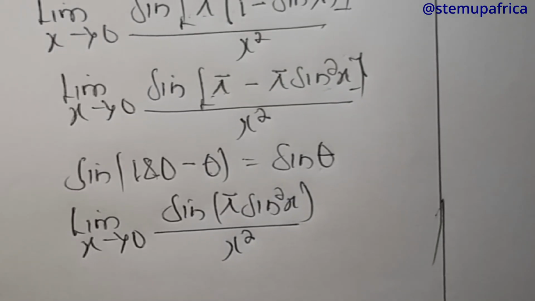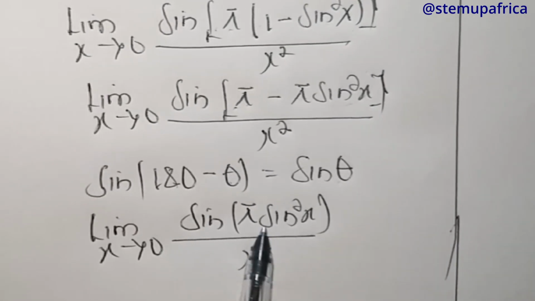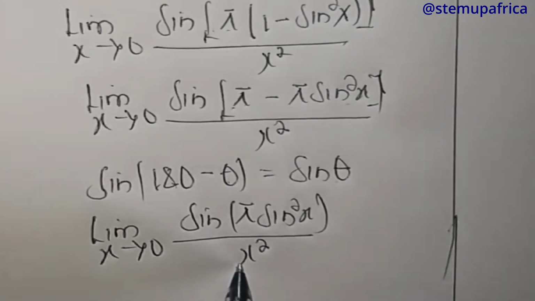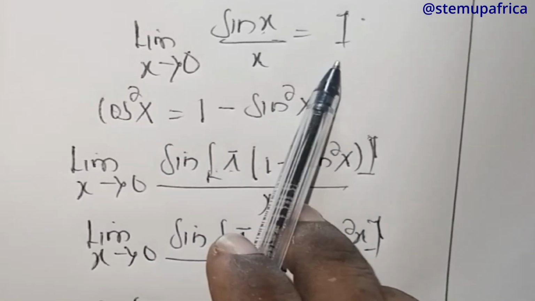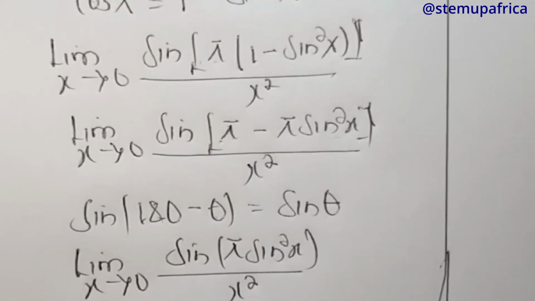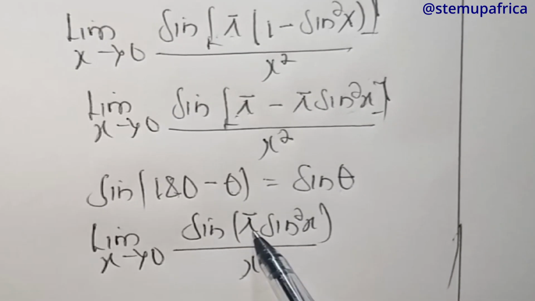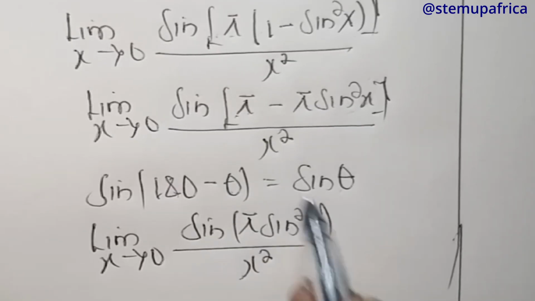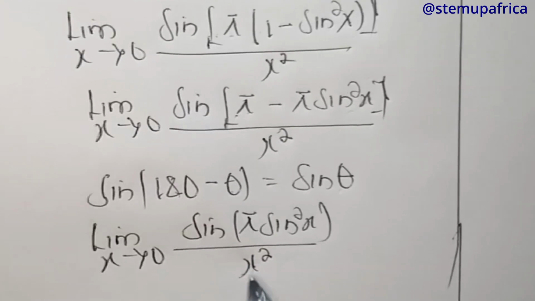So let's simplify what we have here. Recall what we said earlier: for the limit to be 1, whatever I have inside the sine should also be present in the denominator. That's the only condition for our limit to be 1 according to the special limit. What do I have inside the sine? Pi sine square x. So for this whole thing to be 1, I should also have pi sine square x in the denominator.